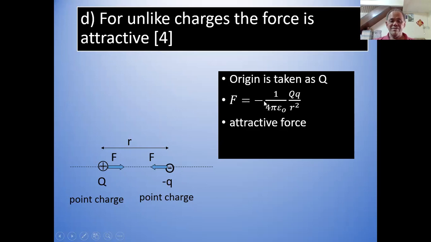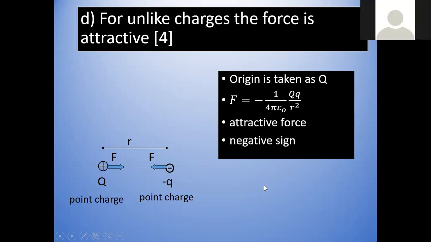That's why we have negative: because we choose to the right as positive, to the left becomes a negative force. Negative sign because it's attractive. If it's a positive sign, it means it repels. Yes. Okay.